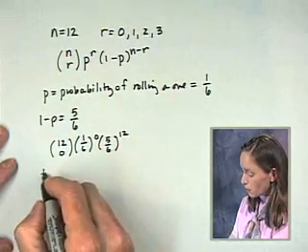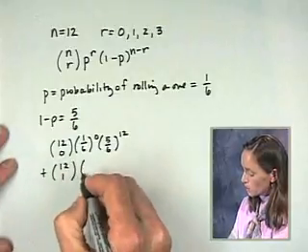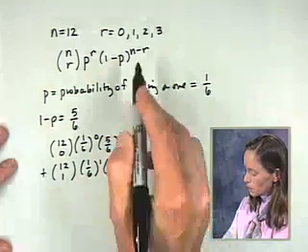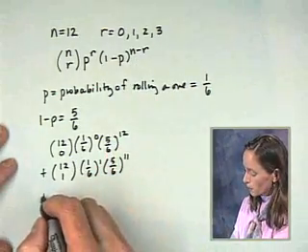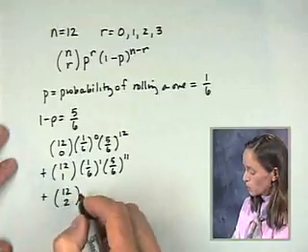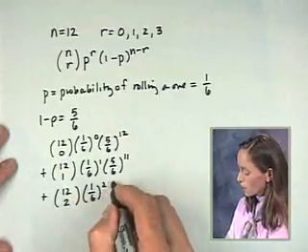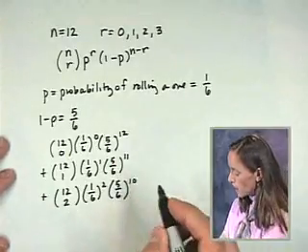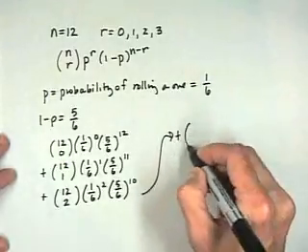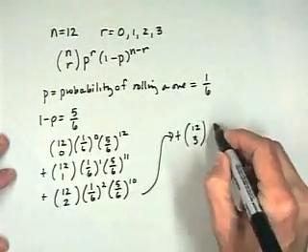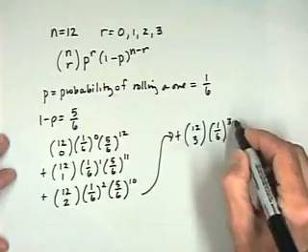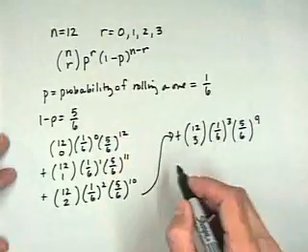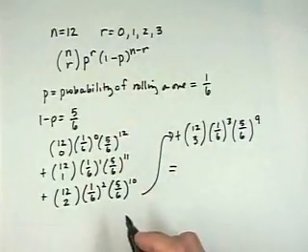And I need that plus 12 choose 1, 1/6 to the 1, 5/6 to the 11th, which is 12 minus 1, plus 12 choose 2 times 1/6 squared times 5/6 to the 12 minus 2 is 10. And finally, I need to add 12 choose 3 times 1/6 to the 3rd times 5/6 to the 12 minus 3, which is 9. That's a lot of calculations on your calculator.